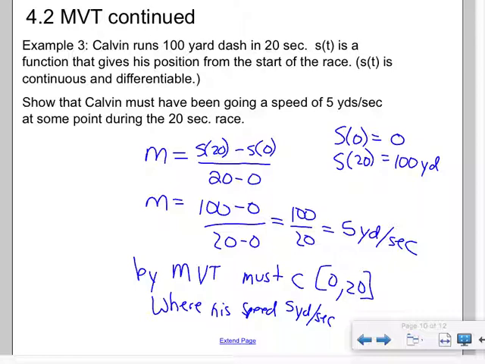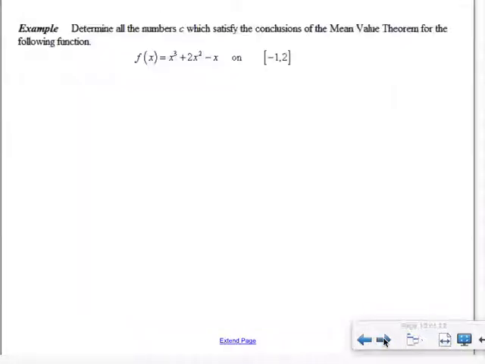We know that somewhere along the line, the first derivative at some C would equal 5. So he had some spot in the race that he was going exactly 5 yards per second. They didn't ask us to find where that happened. We don't know where that happened because we would need more information about the function, which we don't have. So there you go. Let's do one more.